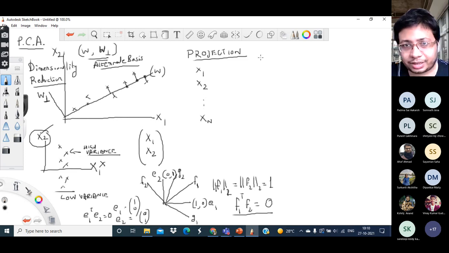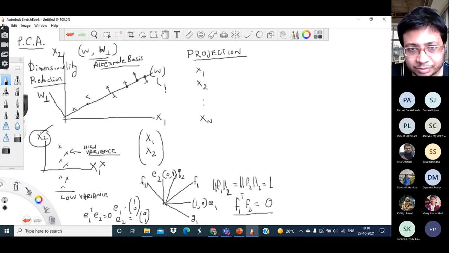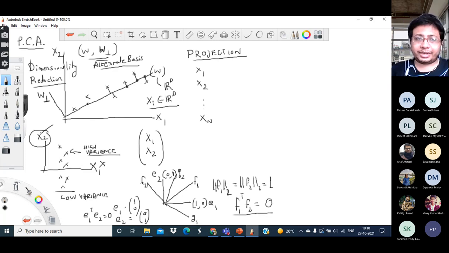Remember that W is basically in this case a two-dimensional vector. If all the data lie in the d-dimensional real space, then the direction W along which they are going to be projected will also lie in the d-dimensional real space.